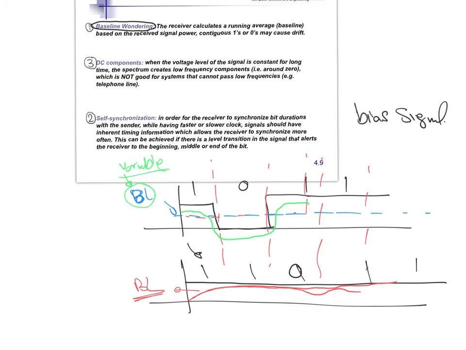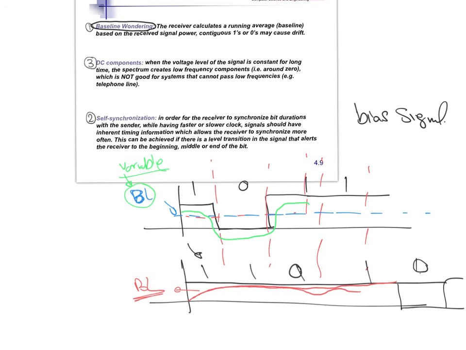So what is the problem? If I receive 0 afterwards, I will not be able to detect this 0. Because this 0 will cause the actual signal level to drop, and the baseline is high. So in that case, I may detect the actual ones later on in error.